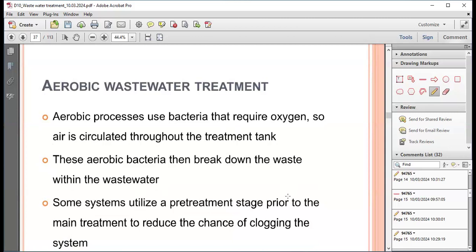Some systems utilize pre-treatment stages prior to the main treatment to reduce the chance of clogging. Clogging means jamming, so pre-treatment prevents the system from clogging.